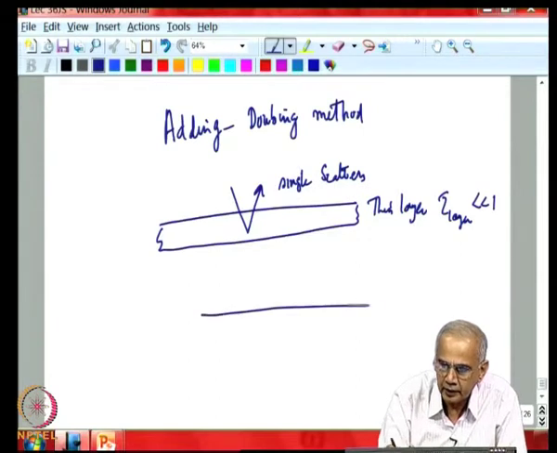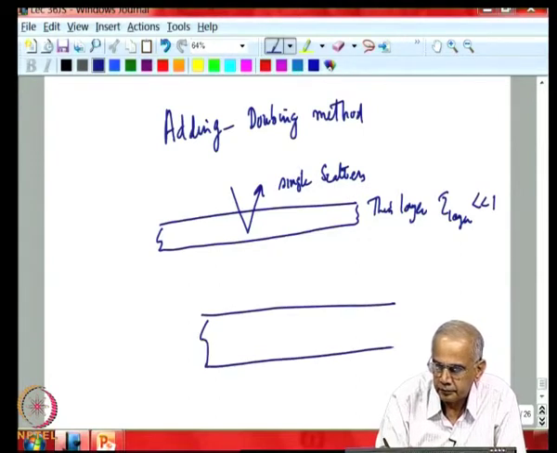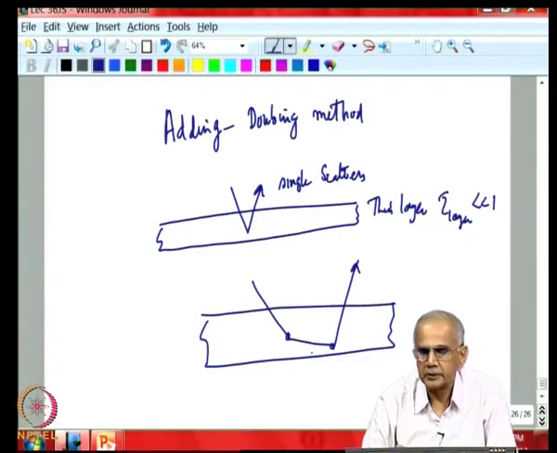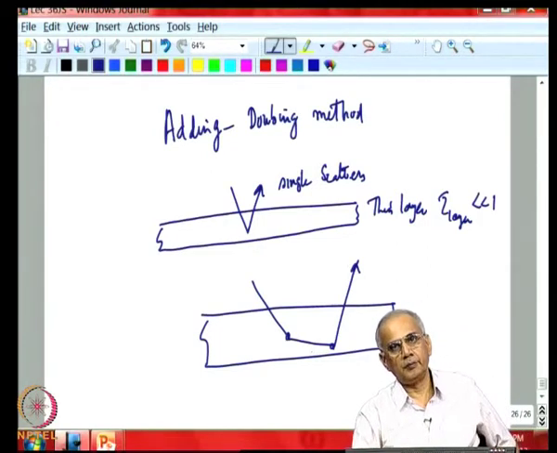While if you have taken a thicker layer, the photon will at least undergo a couple of scatterings before it comes out. This is what makes the analysis very complicated, the multiple scattering.